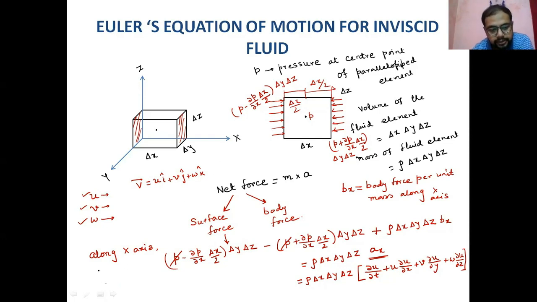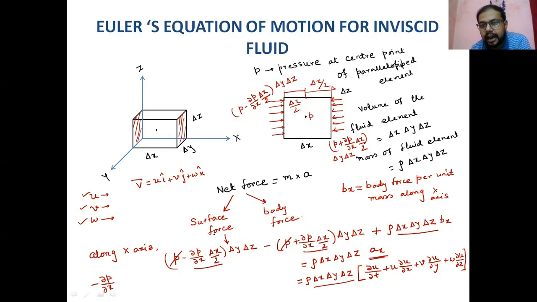So we first write this equation, and we'll write it one by one. So del p del x, because x by 2 it becomes minus del p del x and this term will be. So del x del y del z will be common from here. Here also del x del y del z is common. Here also del x del y del z is common. So it will be cancelled out from both sides.